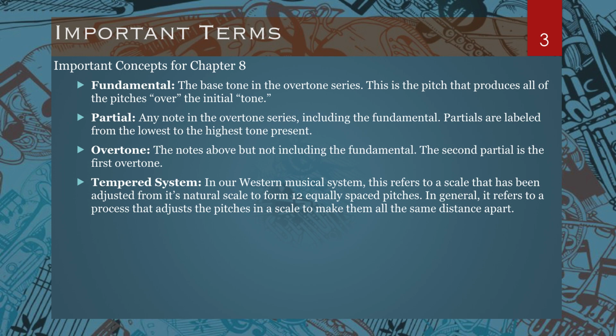Some were a little bit larger than others. Eventually what happened was, so that we could create more advanced music, we tempered the system so that every half step was equally spaced. In general, it refers to a process that adjusts the pitches in a scale to make them all the same distance apart. So just keep these terms in your mind and know that as I go through this lecture, these are terms you need to pay attention to when they come up.